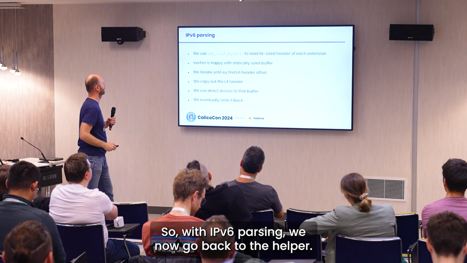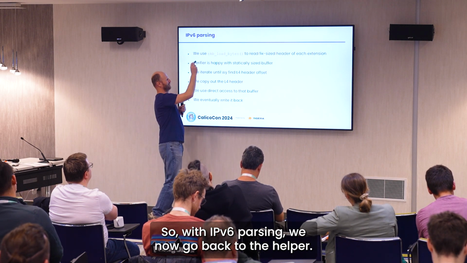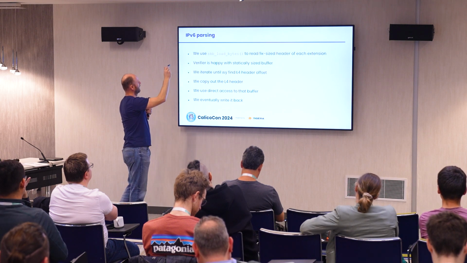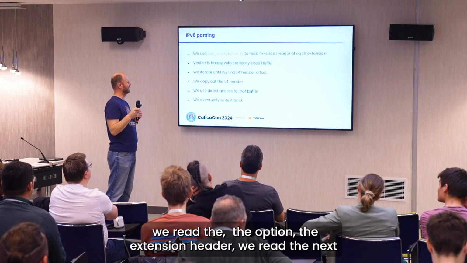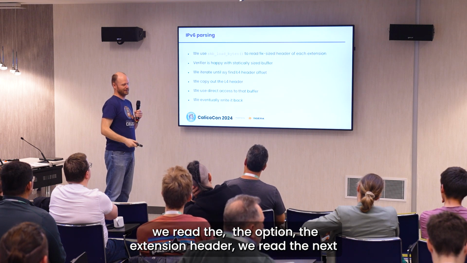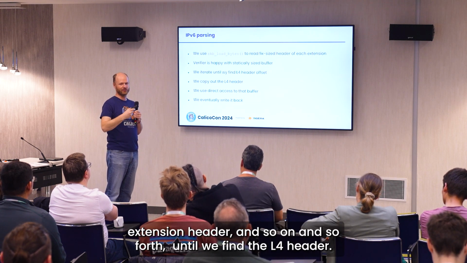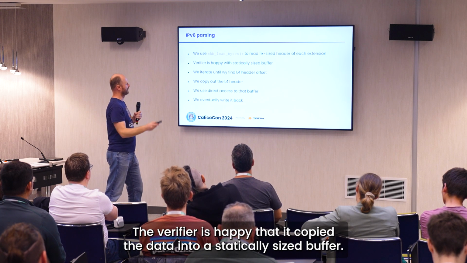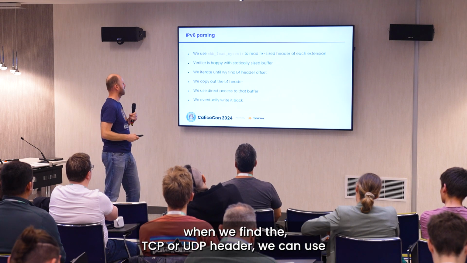So with IPv6 parsing, we now go back to the helper. We're loading the bytes. We read the extension header, we read the next extension header, and so on and so forth, until we find the L4 header. The verifier is happy that we copied the data into a statically sized buffer.